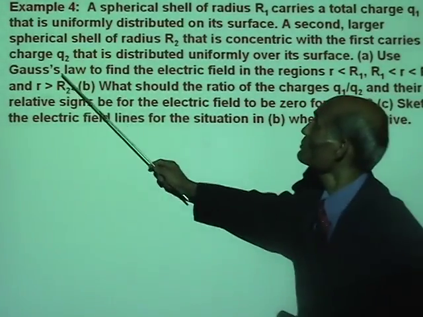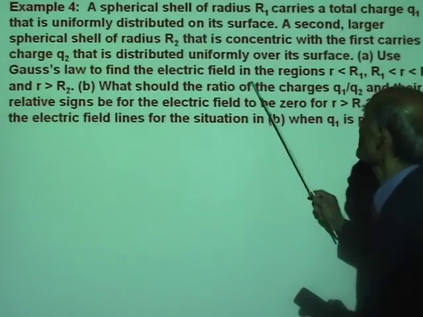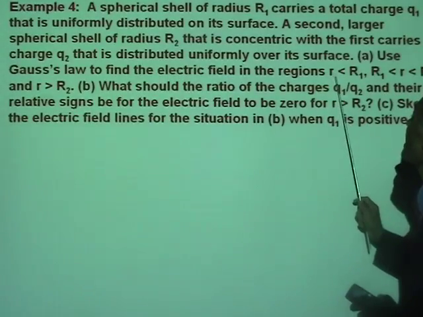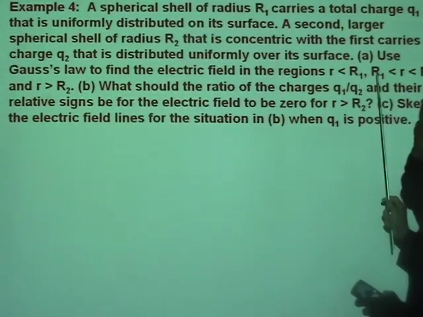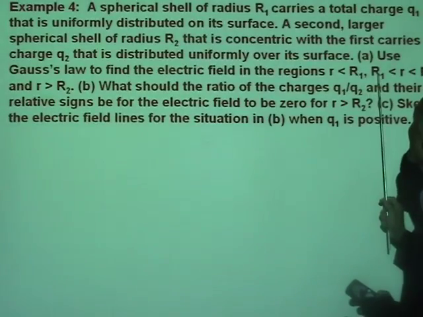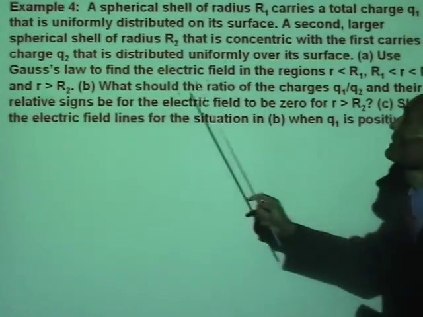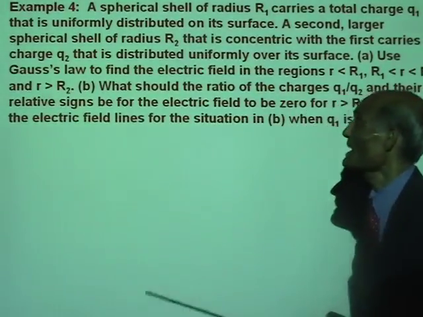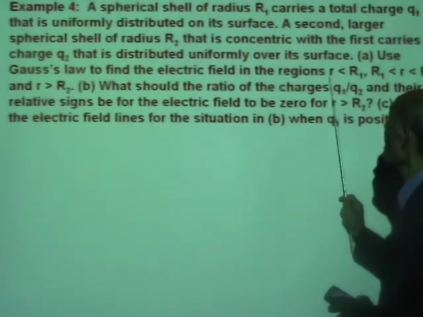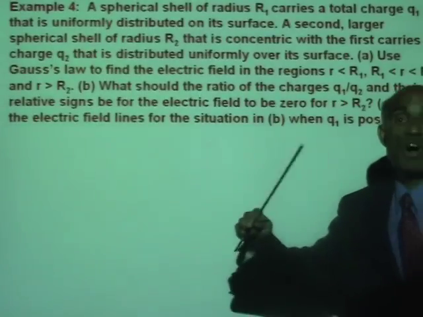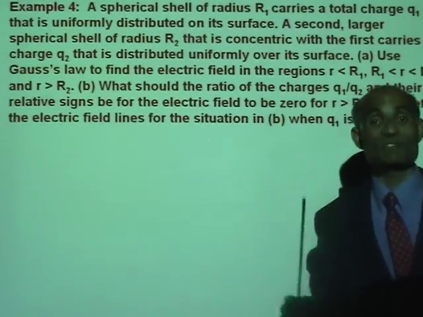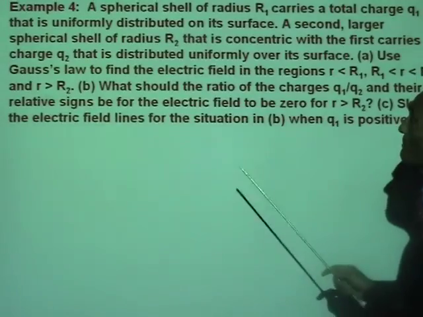Now use Gauss's law to find the electric field in the region r less than R1, that is the first one, R1 less than r less than R2, and r greater than R2. Remember, this r is the distance of a point from the center of the two shells.